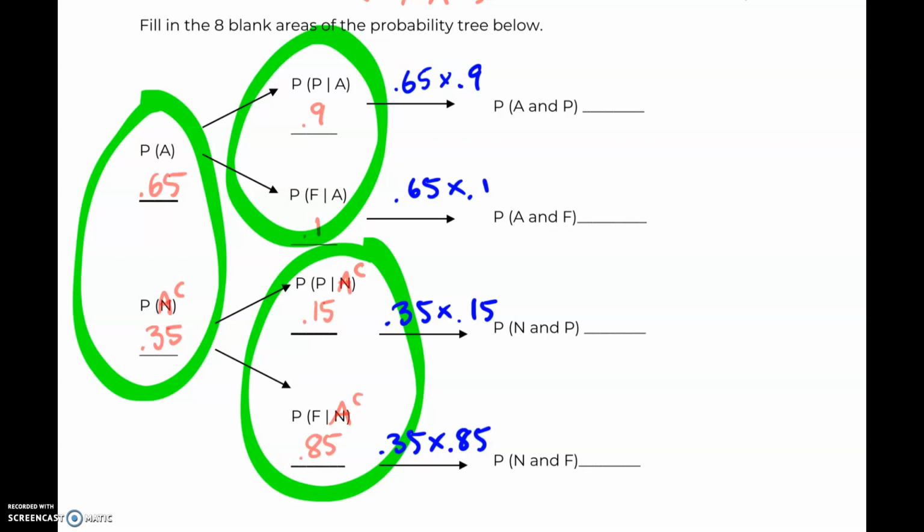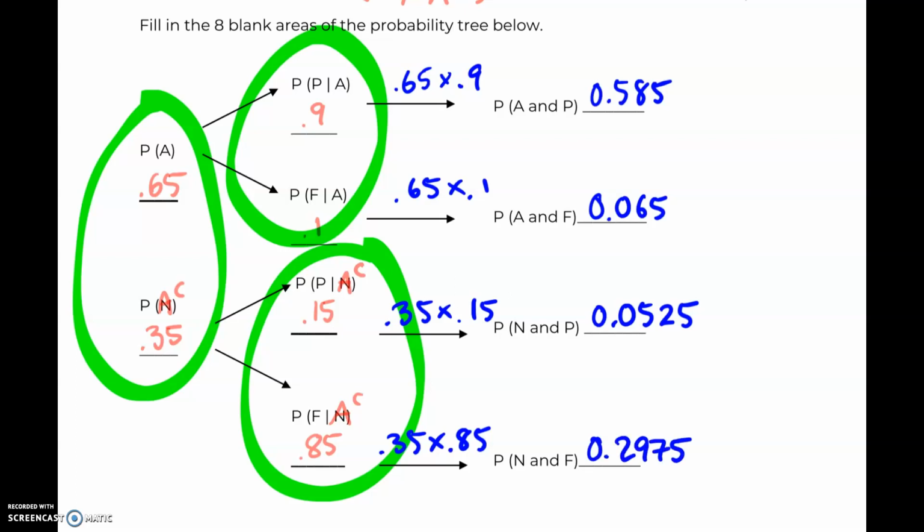All right, well, multiplying 0.65 times 0.9 gives us 0.585. 0.65 times 0.1 is 0.065. 0.35 times 0.15 is 0.0525. And then the last probability is 0.2975.